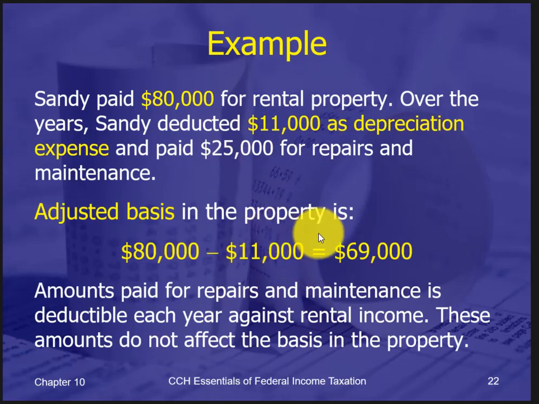Repairs and maintenance, by definition, is not an addition, does not change the basis, but our basis is reduced by the amount of depreciation. So as we deduct part of the cost of the asset as depreciation, that reduces our basis so that when we sell it, we are not going to have as high a cost as we did when we first bought it. And that's what's critical to remember.